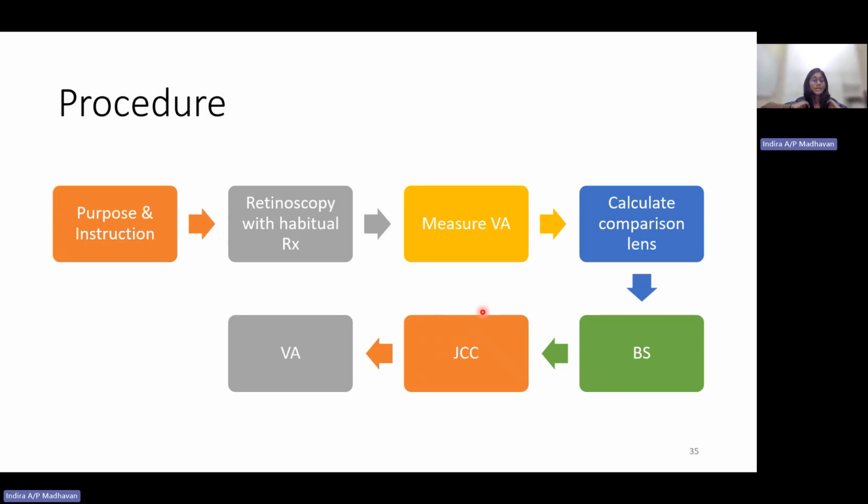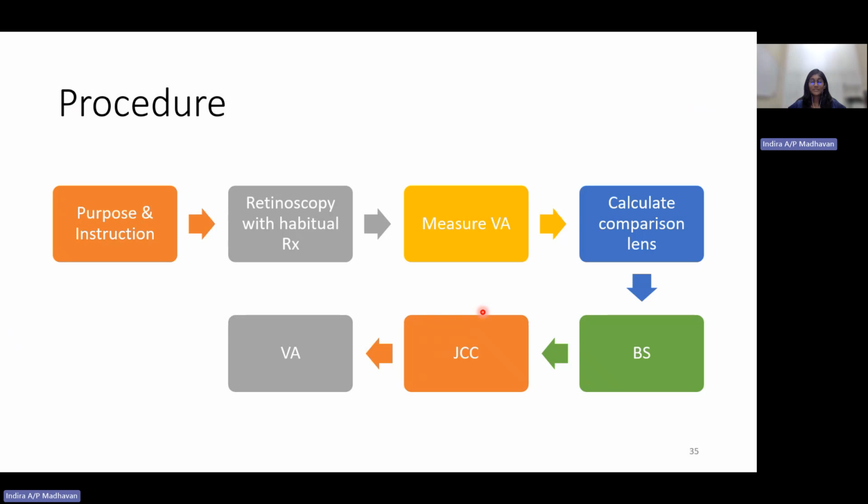Once you have put in that compensated power, you measure the VA like normal: the better seeing eye, the bad eye, both eyes, and then the pinhole measurement similarly. Then you calculate the comparison lens. As I mentioned during the physical class, comparison lens is measured to achieve the best sphere of the patient.